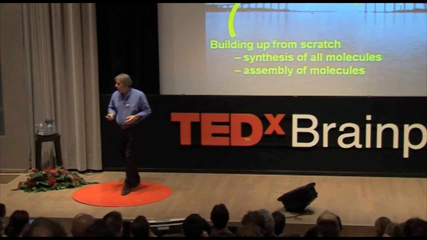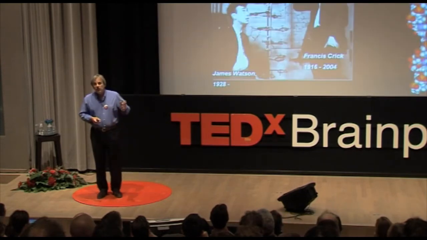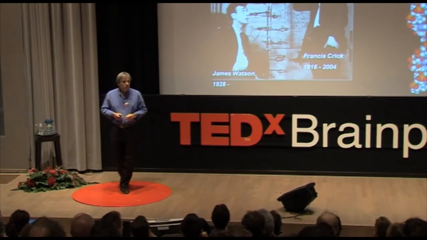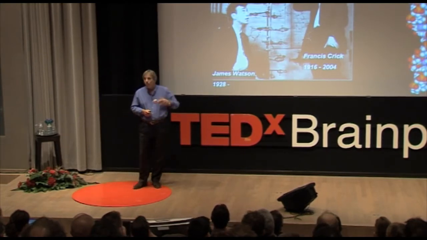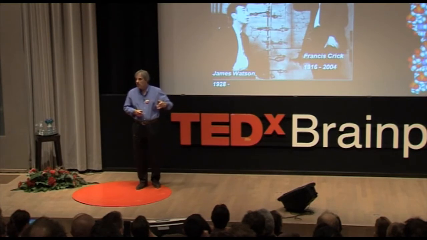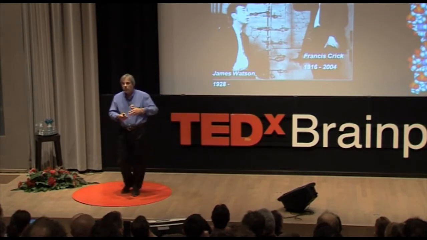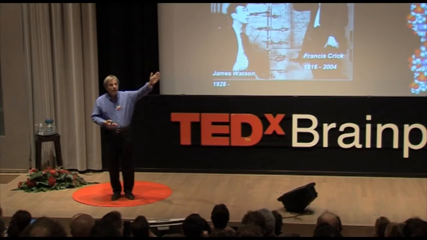Let's start with the biology. Obviously, that starts with the beautiful invention by Watson and Crick of the double helix of DNA. And the program is written with 4 letters in base pairing. If you take a number of these letters, you make a gene. And the gene encodes for a protein. And the protein helps to make all of the molecules.